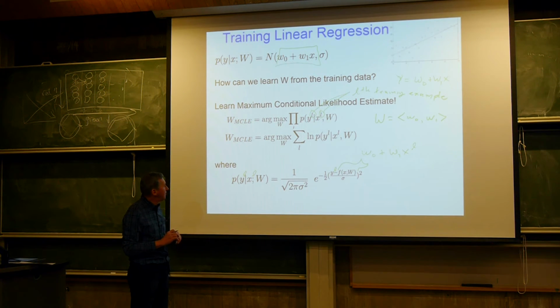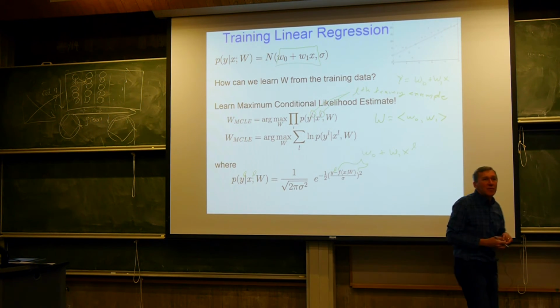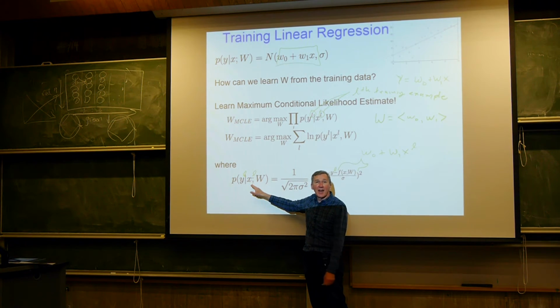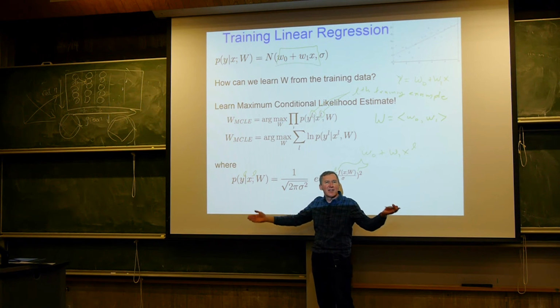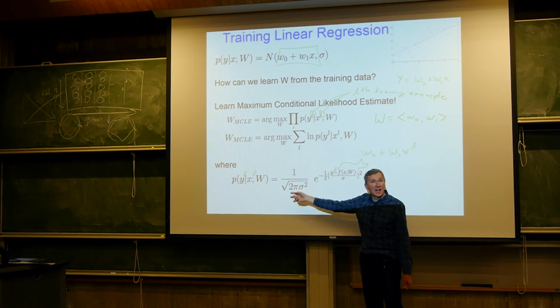Okay? This is just the same maximum conditional likelihood thing we've been doing, except that now we have a different form for p of y given x. It's not that logistic function that we were talking about last lecture. Now it's this function instead.